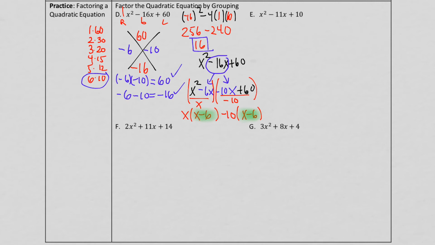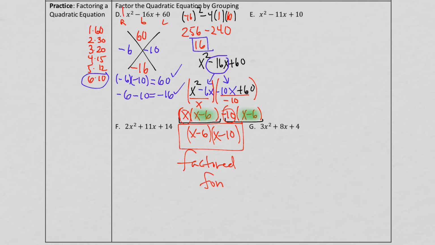So to finish, I can look at now what's left in my process, and I can take out from these two pieces the x minus 6, which they both have, and then the x minus 10, which is here and here, and I get my factored form. So this is the factored form of my original problem, way up here on top.